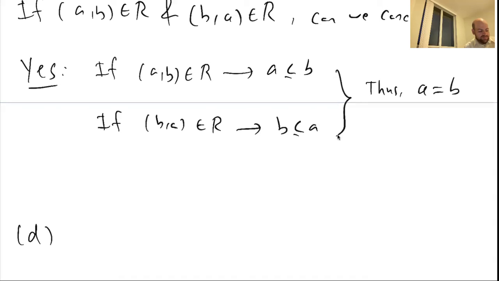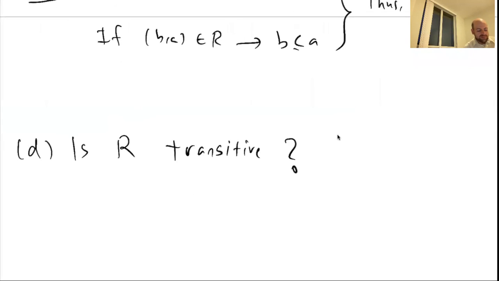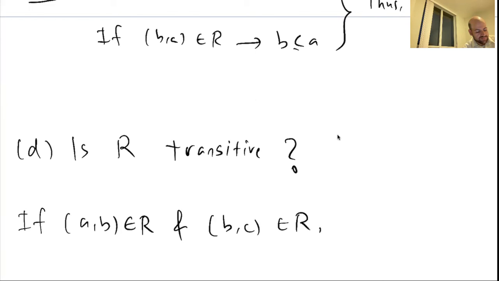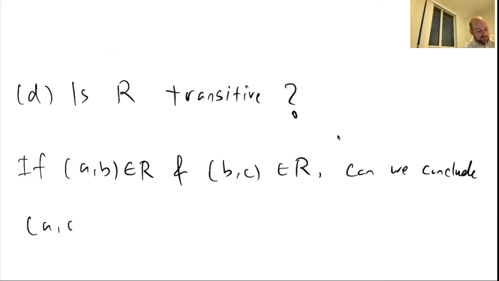And part D, is R transitive? The definition of a transitive relation is: if (A, B) belongs to R and (B, C) belongs to R, can we conclude (A, C) belongs to R?